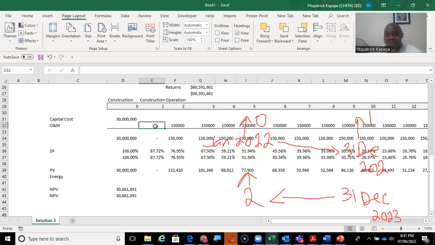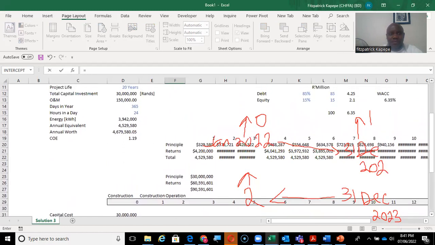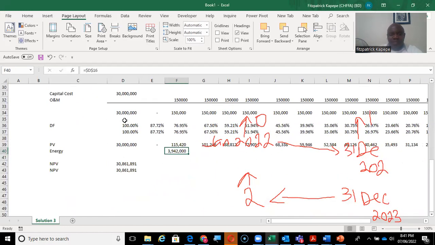Then, in terms of production, your production will start for the full year, will start in year 2. Let's understand this concept, which will start from there.